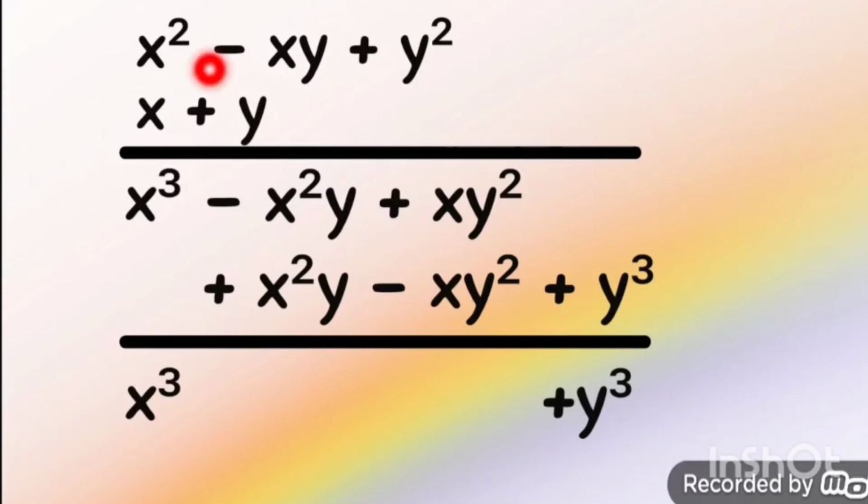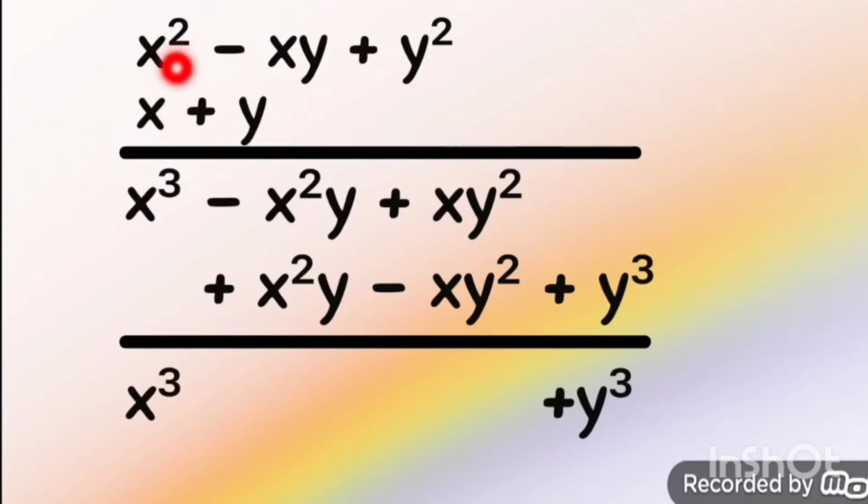As there are three terms in this polynomial, we will write it first. There are two terms in this polynomial. But if the number of terms in both polynomials is the same, then we can write any polynomial first.